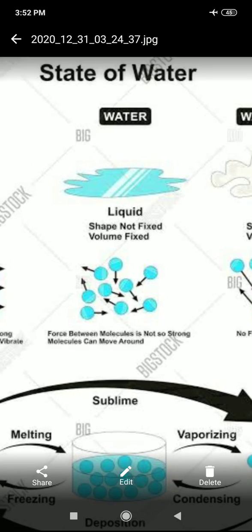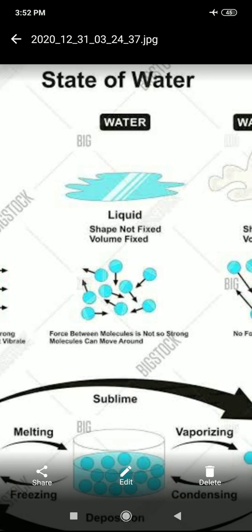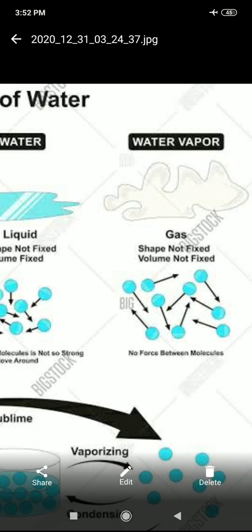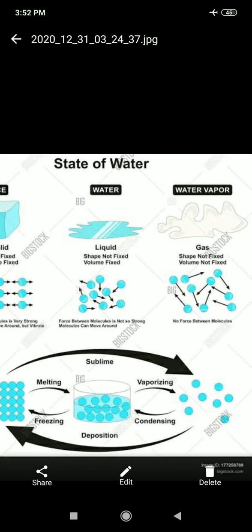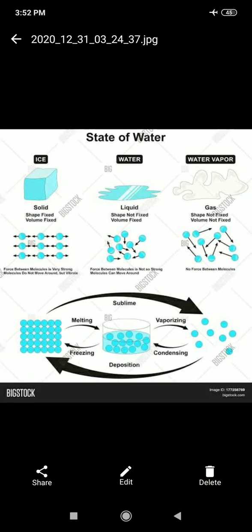The force between the molecules is not strong as they move apart. The force between the molecules is very low, very less. Have you understood what melting and boiling are?